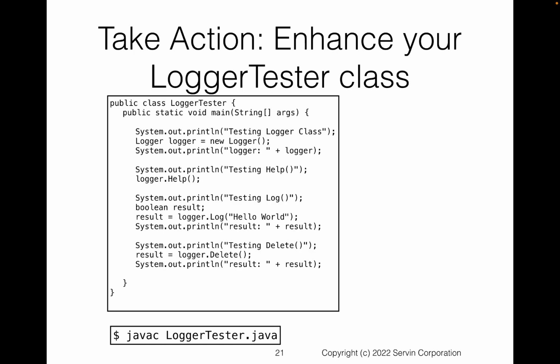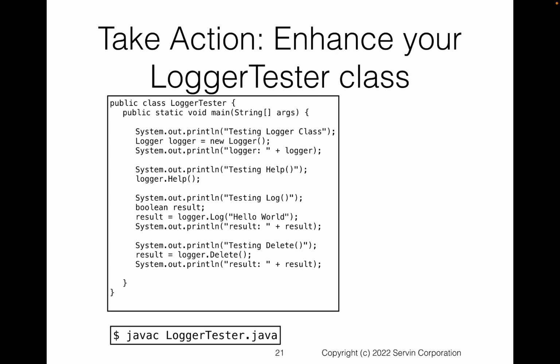Well, it makes sense you also need to update your logger tester class. So here in the logger tester, notice we add a System.out.println saying we will test help. Notice on logger we call the help method, and then on logger we call the log method, and on logger we call the delete method. So we've called each one of those.